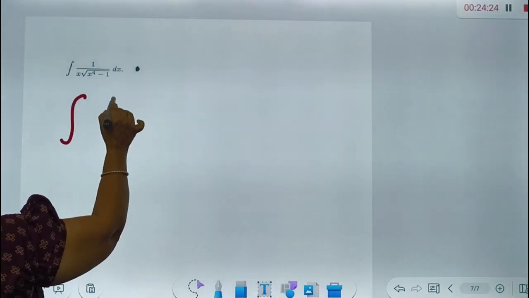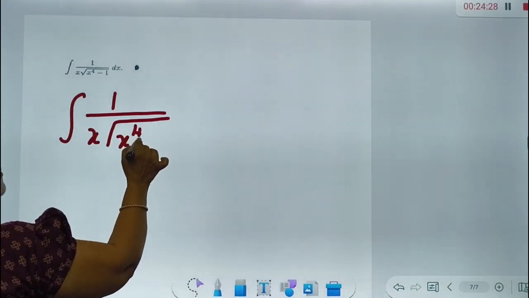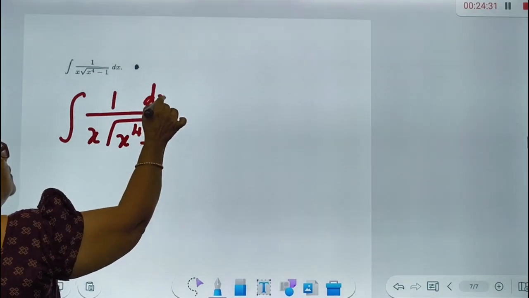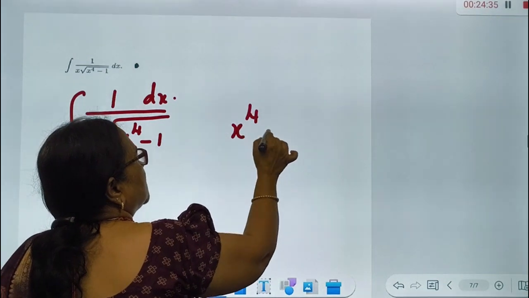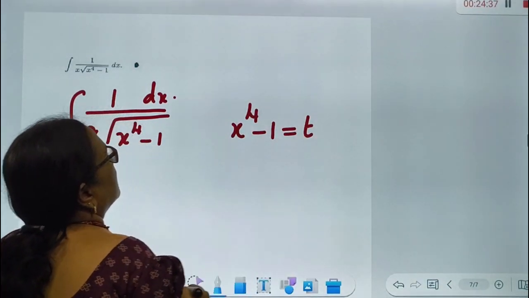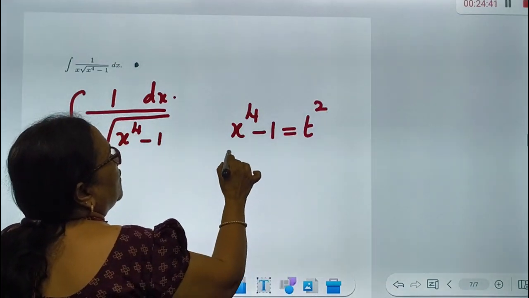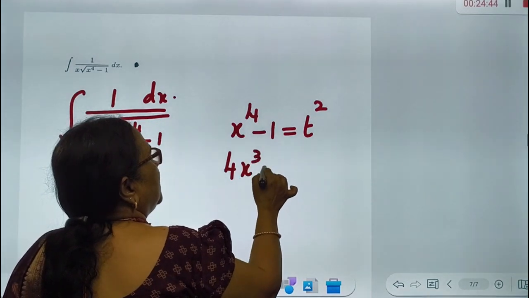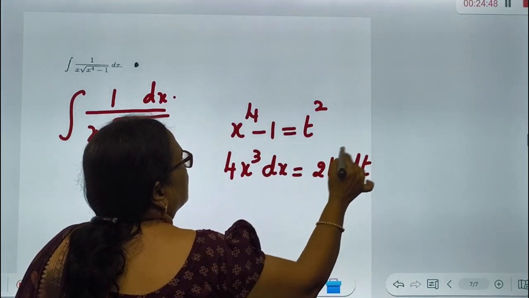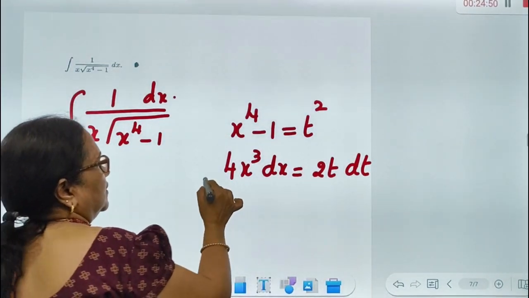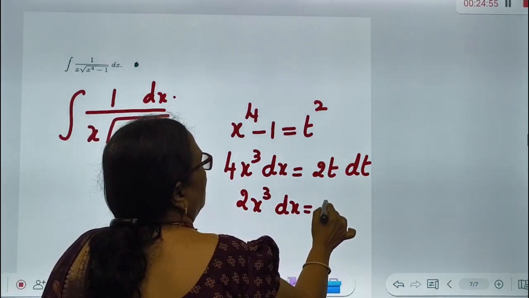Now look at the following problem. 1 by x into root of x power 4 minus 1 dx. Okay. If I take x power 4 minus 1 as t or t square, then 4x cube dx will be 2t dt, or 2x cube dx equal to t dt.